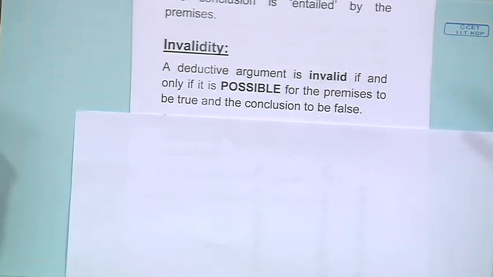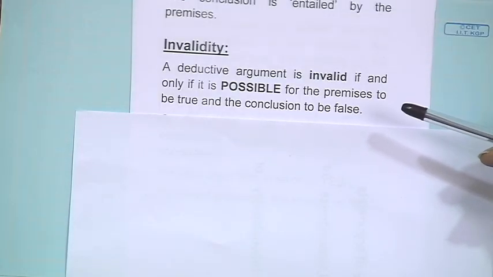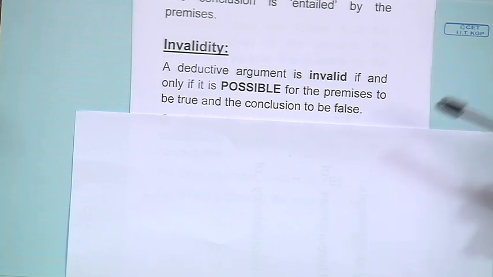Now, you will probably start to think, what does possibility mean? Let us think about situations. If there is even one situation where you can find the premises to be true and the conclusion to be false, you know the deductive argument has to be invalid. We will give you examples in a second, but let us try to follow the concepts through.